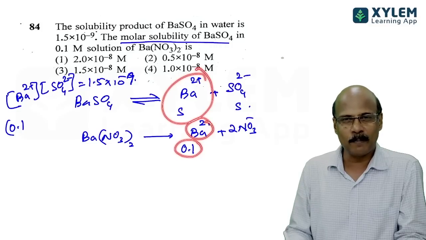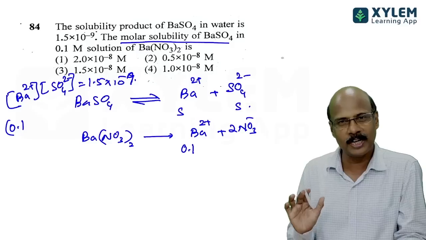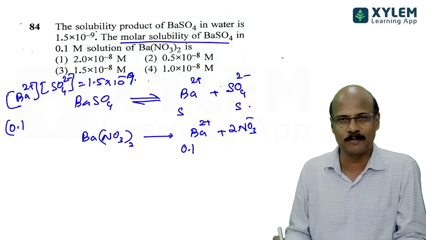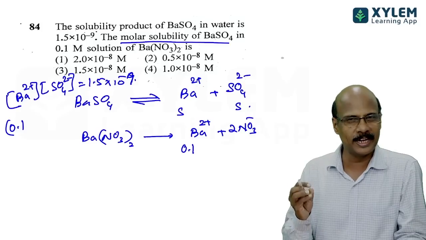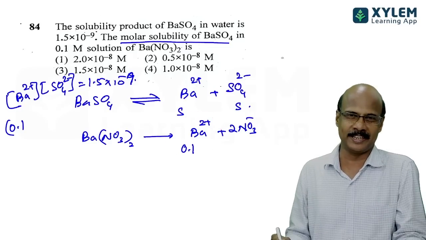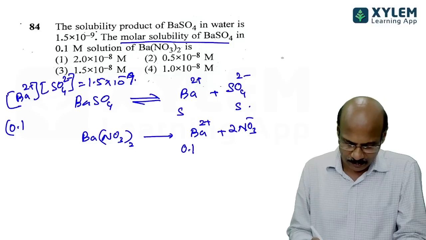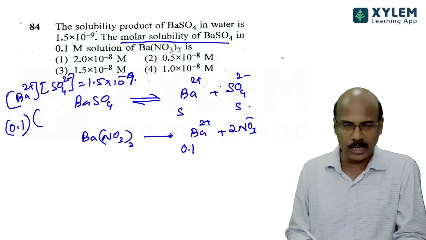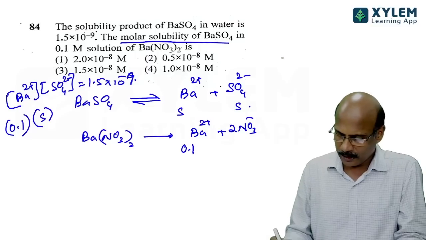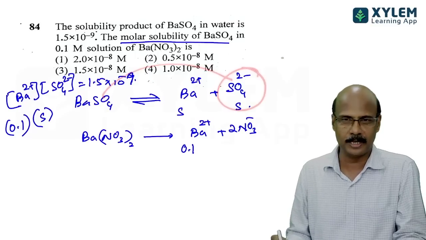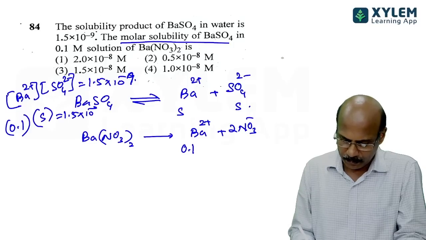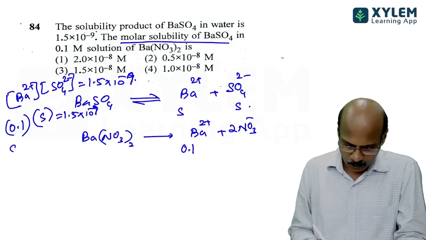But I take 0.1 plus S as 0.1 itself, because the barium ion generated by the dissolution of barium sulfate is too negligible compared to what? Barium ion from barium nitrate. So we can take barium ion concentration as 0.1 itself. Sulfate ion generated in the solution is S mole per liter, because sulfate is produced by the dissolution of barium sulfate only. This product should be equal to 1.5 into 10 to the power of minus 9. So what will be S?